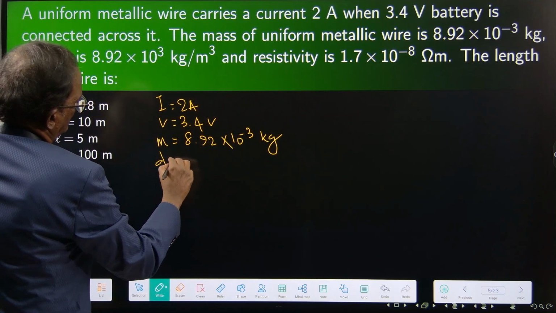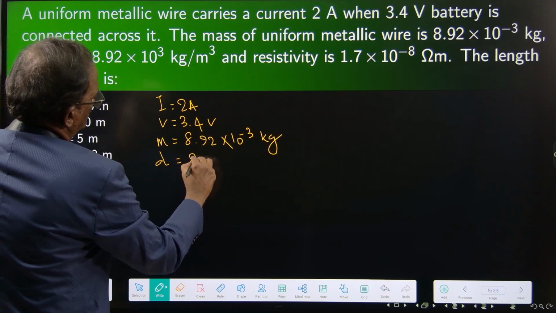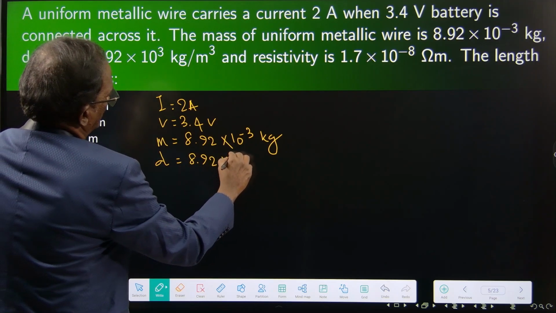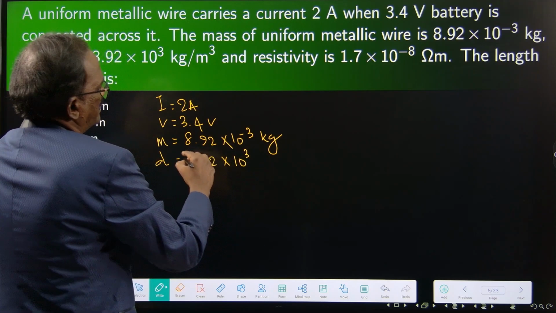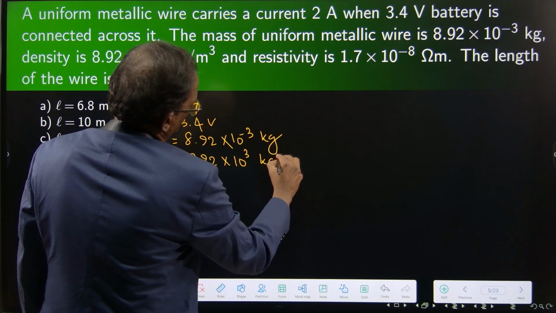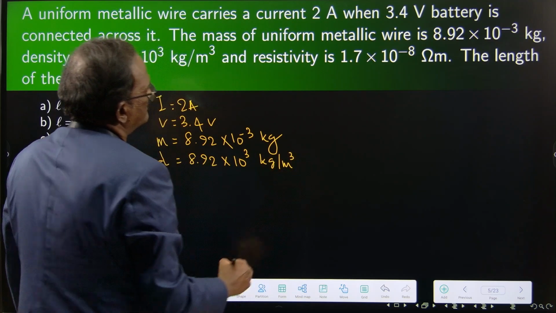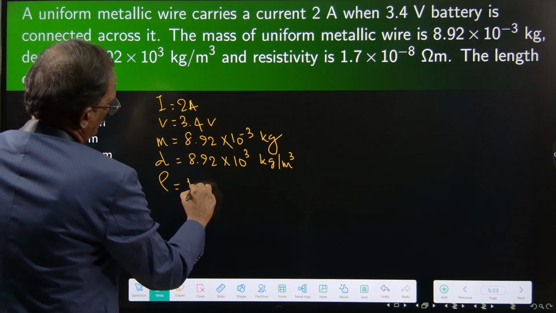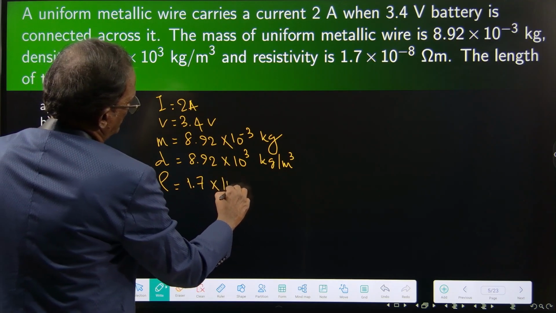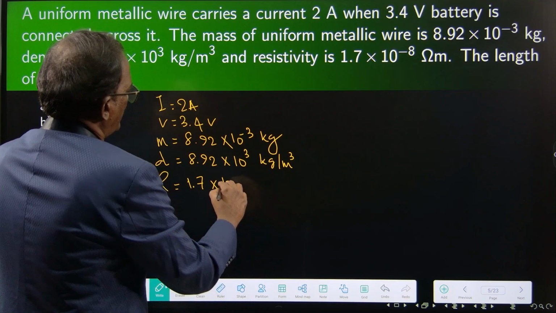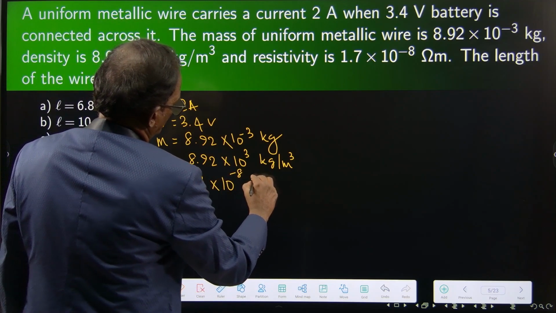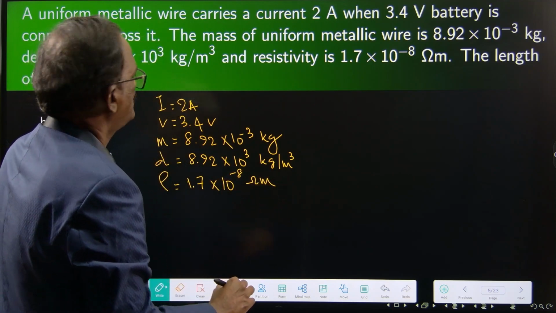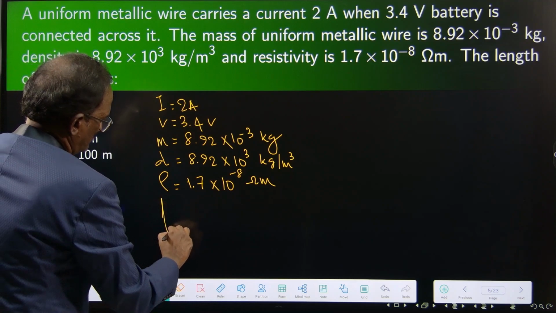Density is 8.92 times 10 to the power 3 kg per meter cube, and resistivity is 1.7 times 10 power minus 8 ohm meter. The length of the wire is what?